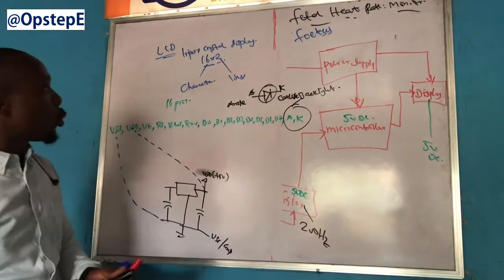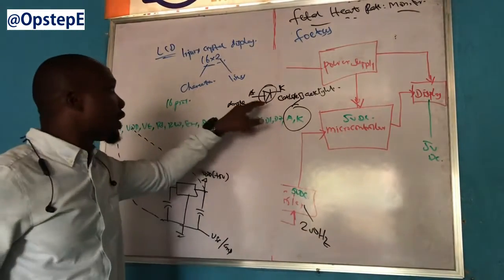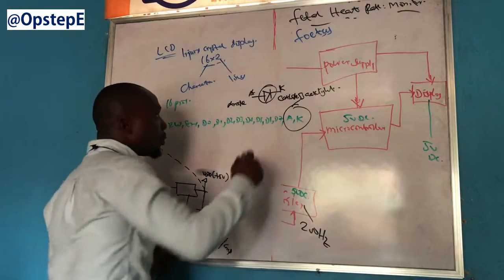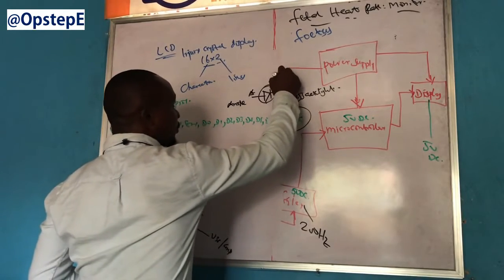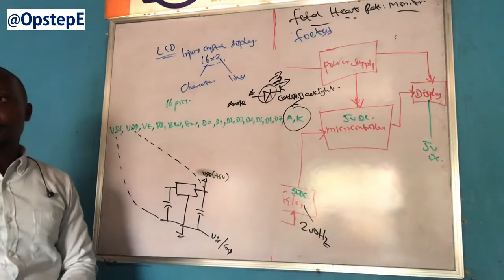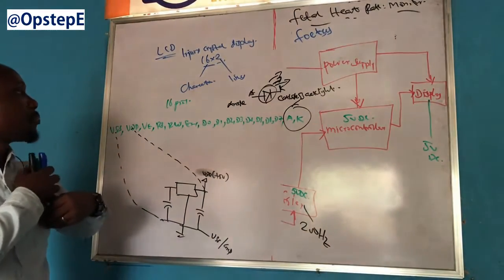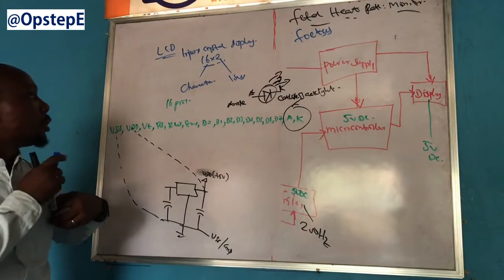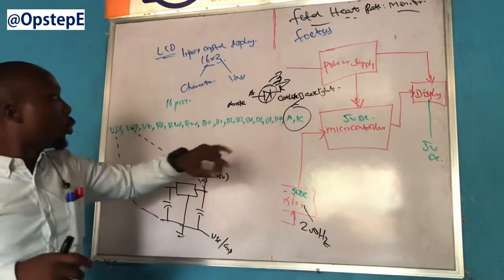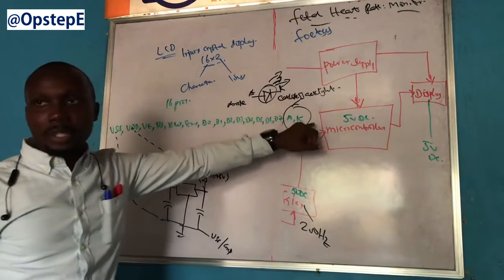What we call the backlight is just a light emitting diode, because it gives out light. The anode is called the A, and the cathode side is called the K.